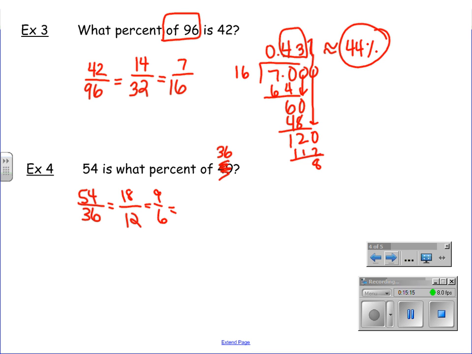Now I can divide by 3, and I get 3 over 2. This is the one I'm still. Make sense? It's 1.5. Good. Okay. Again, don't be alarmed if your percent's over 100. That was really the point of that problem.